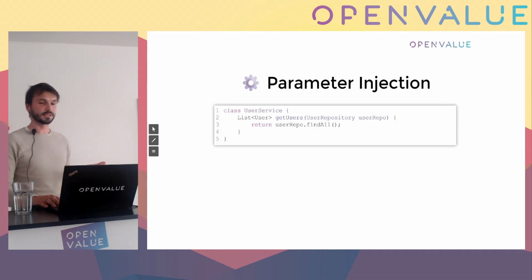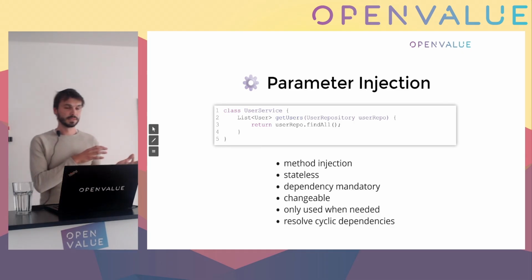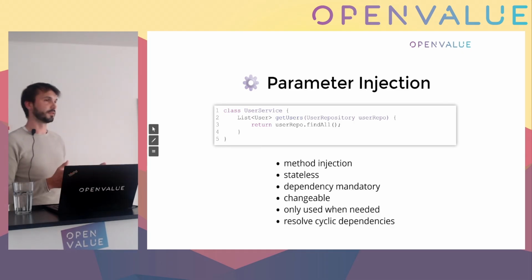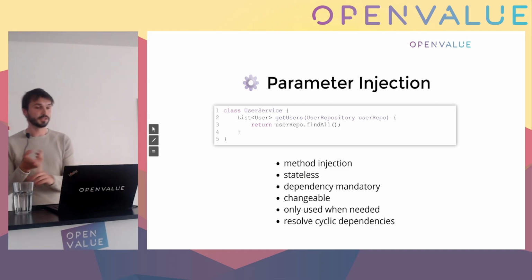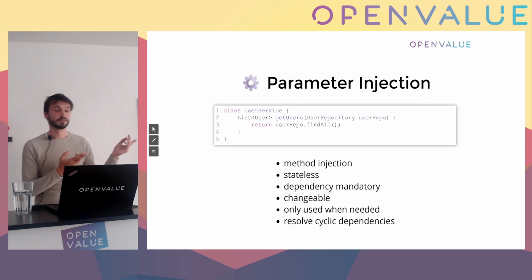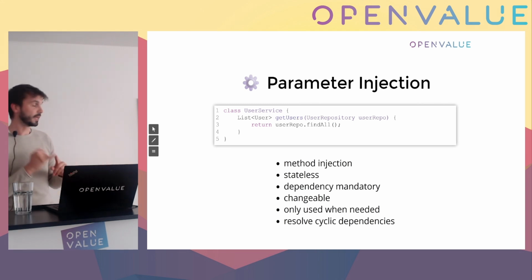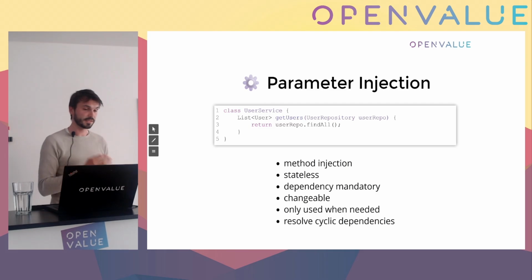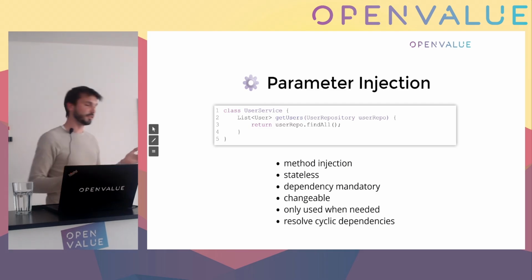And it's really nice because it's stateless, so I don't save it. And I get all the advantages from setter injection, because I can inject a different dependency each time I call it. It's only used when it's actually needed. I can use it to resolve cyclic dependencies. And the best thing is it's also mandatory in this place. So kind of nice to use.